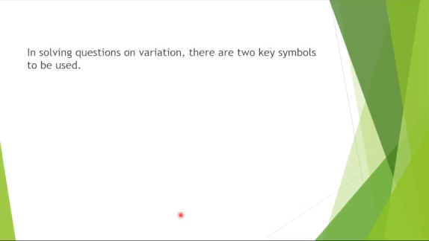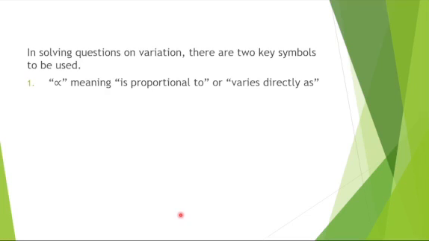Before we go ahead to talk about direct variation, it is important for us to take note of two important symbols that we are going to use. The first one is the symbol of proportionality, meaning proportional to or varies directly as.